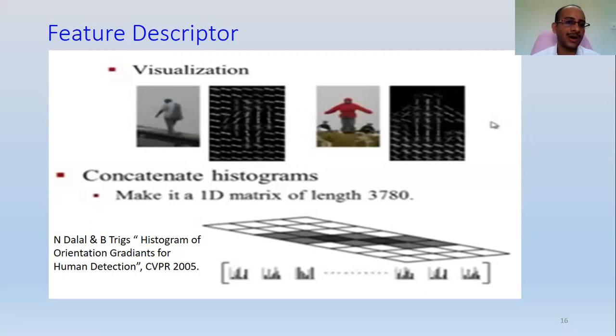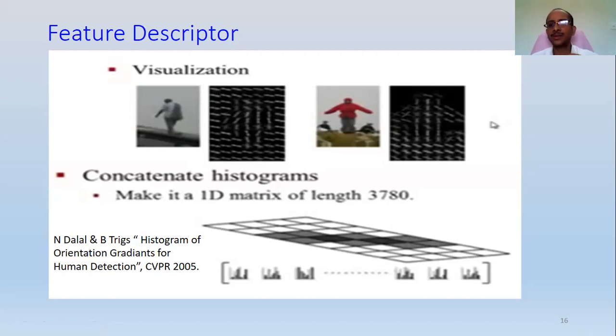Okay, so now let's try to get back to our problem of how do we represent the edges now. Edges are fine, then I have to give it to the computer. So should I make a one-dimensional vector like the raster scan, in the sense that all first row followed by second row, third row, and so on after finding edges, and then stack them and put as a big vector?